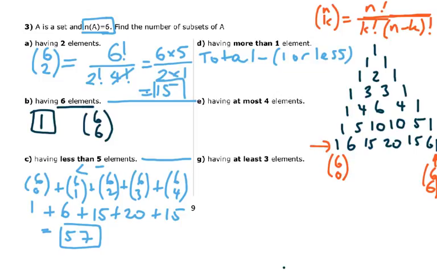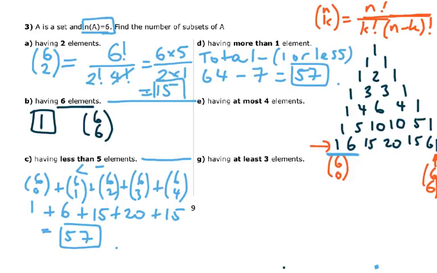In this case, the total number of subsets we know is 2 to the power of 6, which is 64. 2 to the power of 6 minus 1 or less, so we've got 7. And that gives us 57, which you'll notice is the same answer as we got in part C.